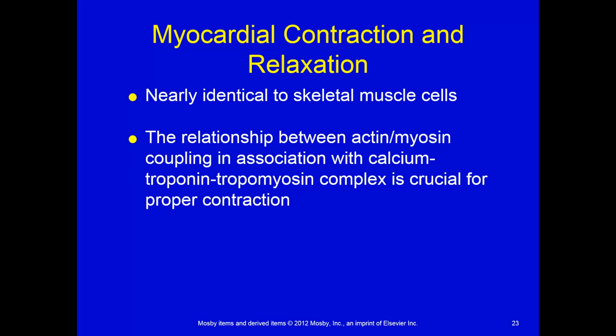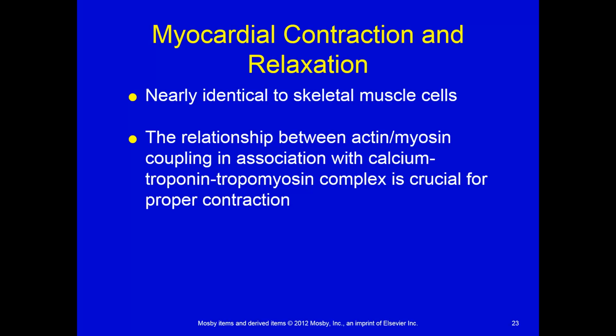Okay? That blocks the ability for actin and myosin to couple and hold on to each other and pull each other in. So there's a lock, essentially, on this binding site that prohibits actin and myosin from coupling and contracting. And that's good, right? Or else we'd constantly be in a state of muscle contraction. That doesn't sound very pleasant to me. So it's good that that site is blocked.